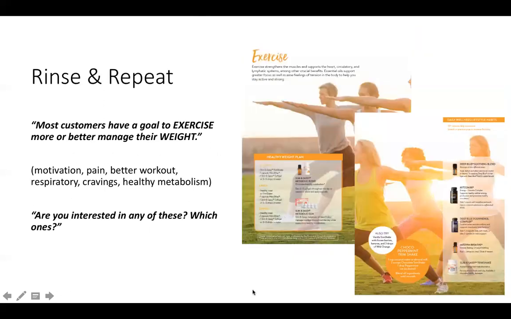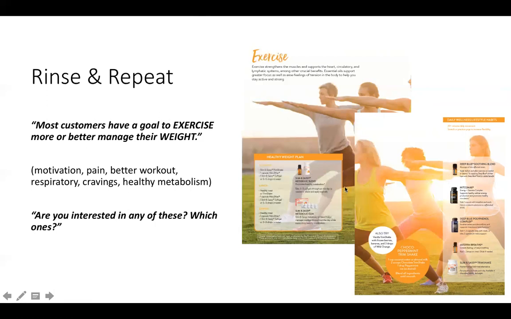And then you'll flip to the next page, exercise. So most customers have a goal to exercise more or better manage their weight. And you might say, some are just not motivated, so they like things for motivation or for pain with the Deep Blue products. They just want a better workout, maybe some respiratory support, cravings, metabolism. They can just kind of look at the page and see, are you interested in any of these?